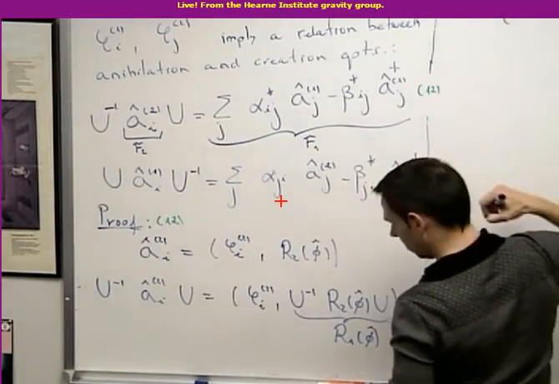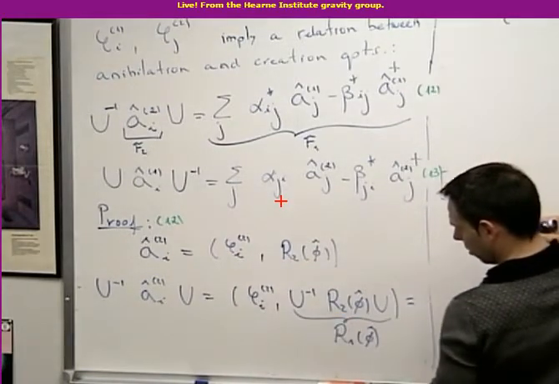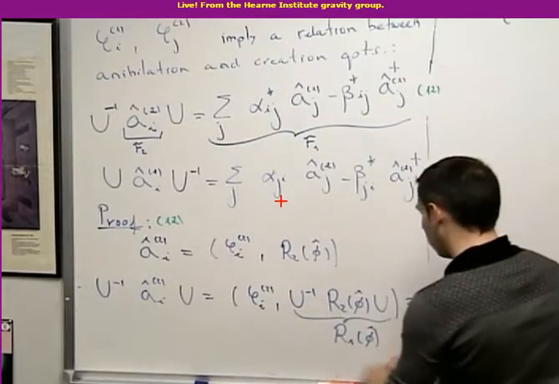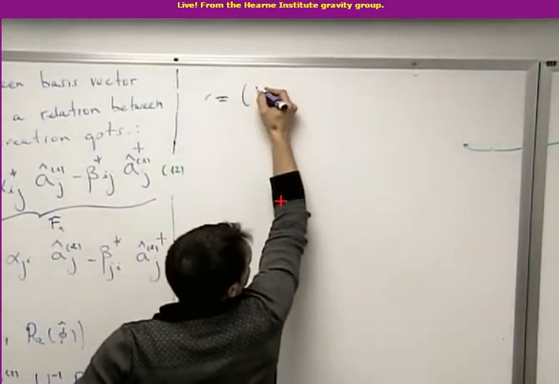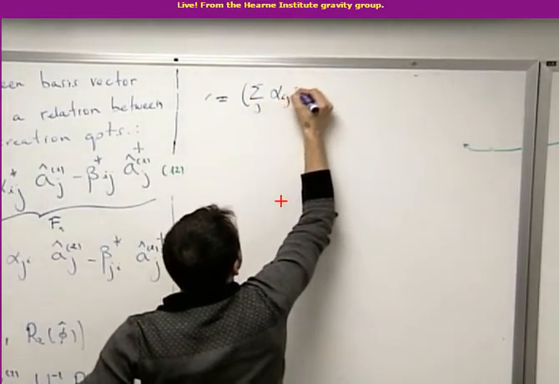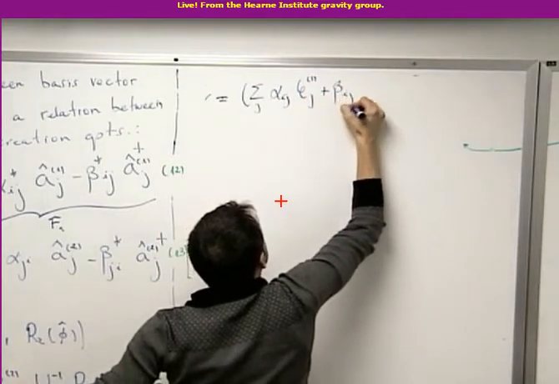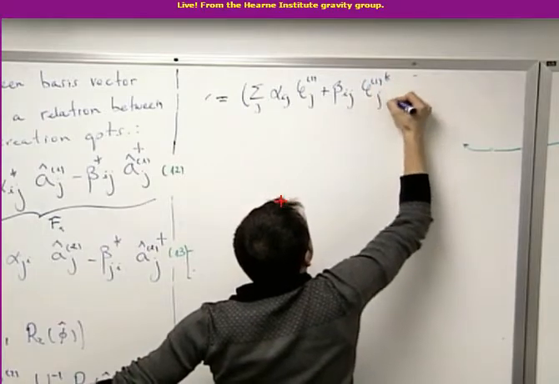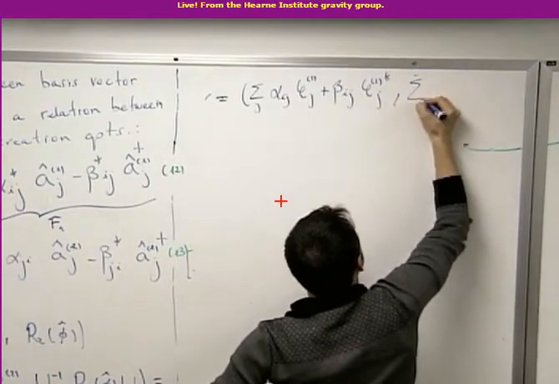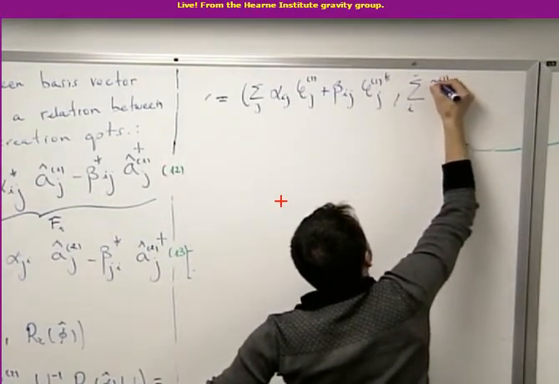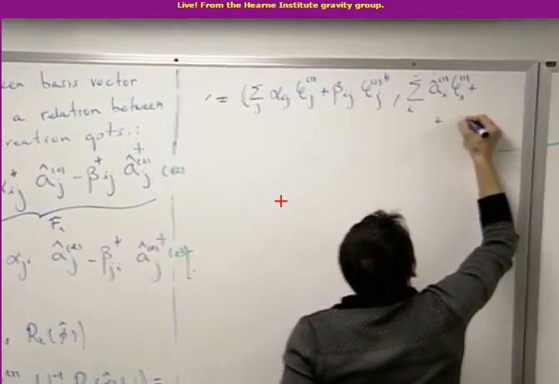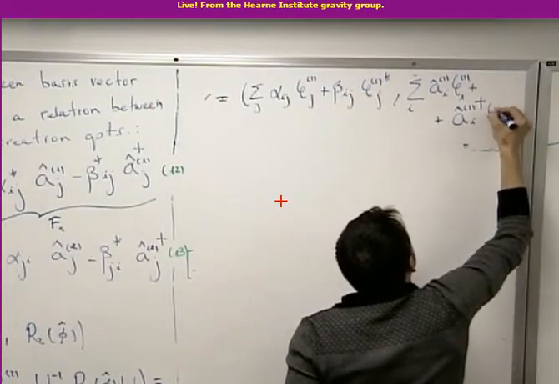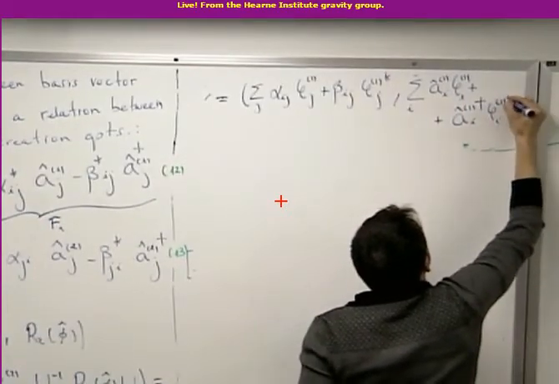Therefore, I can now use this equation to write this guy as the sum over j of alpha ij phi 1j plus beta ij phi 1 conjugated j, multiplied with R1, which is the sum over i of a1 hat i phi 1i plus a dagger i phi 1i conjugated.